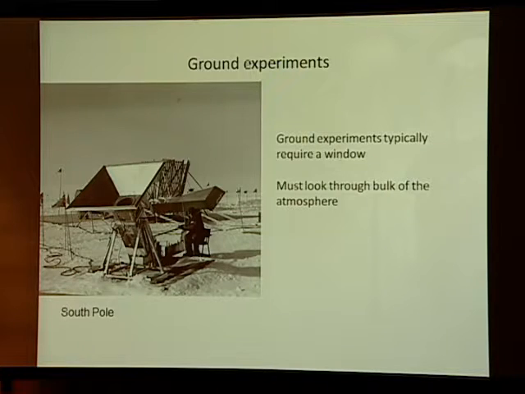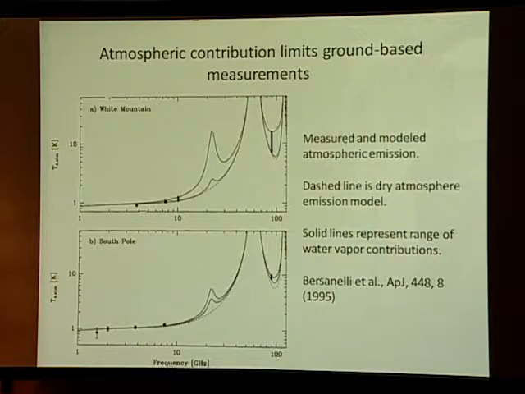So one of the things that you can immediately recognize is that if you're operating on the ground, even at a very dry site like the South Pole, you have to look through the bulk of the atmosphere, and that's an issue because if you take a look at the atmospheric emission spectra from a variety of great sites like the summit of White Mountain, or near the summit of White Mountain, and at the South Pole, the atmospheric emission at 10 gigahertz is about a Kelvin.